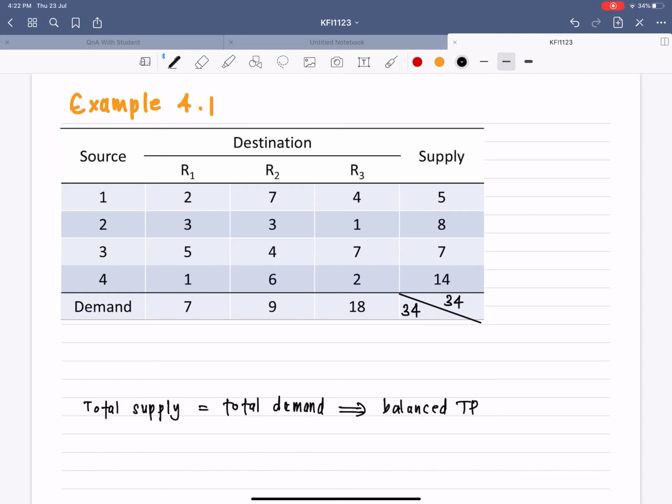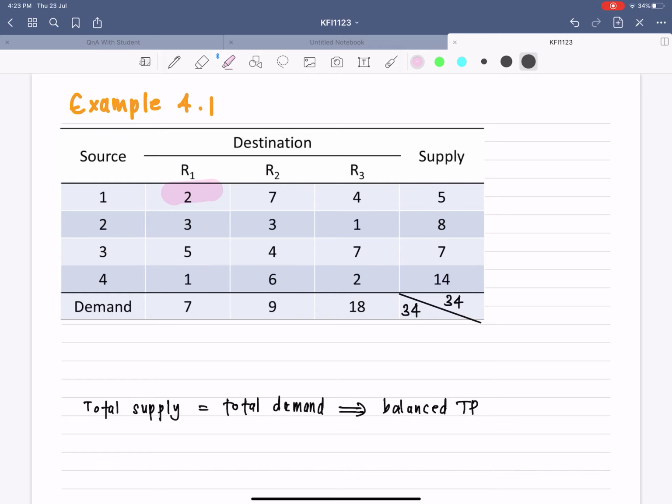What you will have to do in the northwest corner method is choose the cell at the northwest corner, or in Malay, penjuru barat laut. So this is the cell, this one, because this cell is located at the northwest corner.